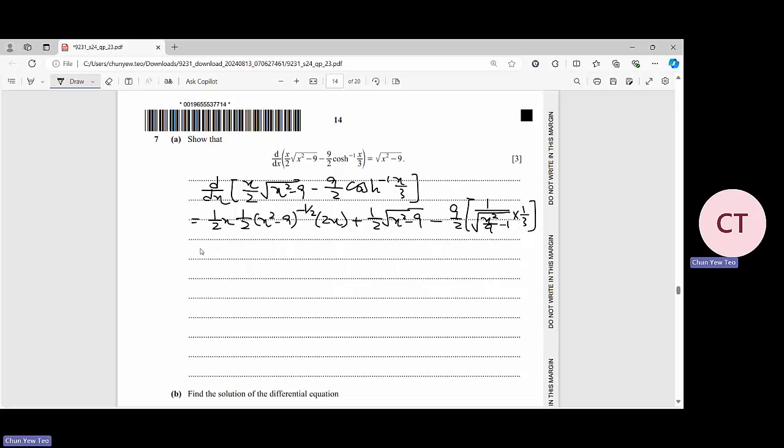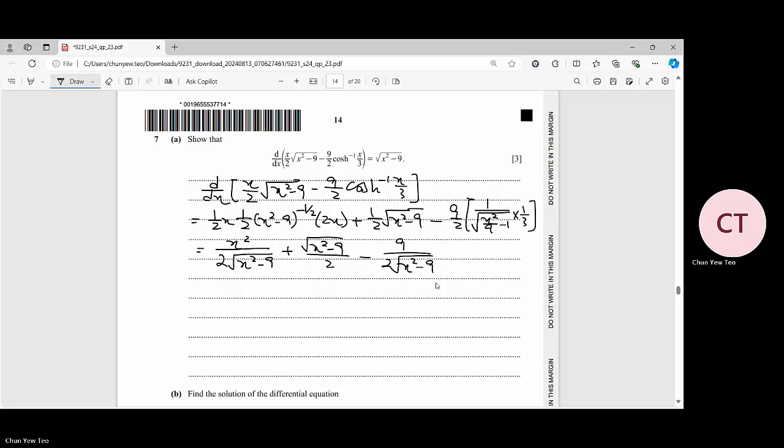Okay. Now the thing is that we need to simplify them carefully. So you can get this one as x squared over 2 square root of x squared minus 9, plus the square root of x squared minus 9 over 2, then minus the square over 9. So you get a 9 over 2 square root of x squared over 9.